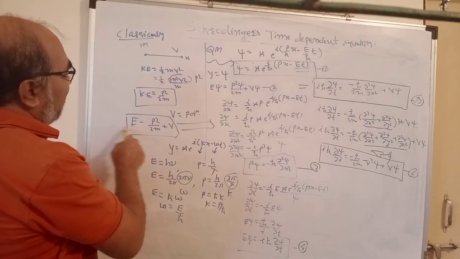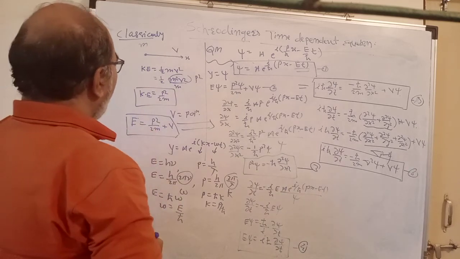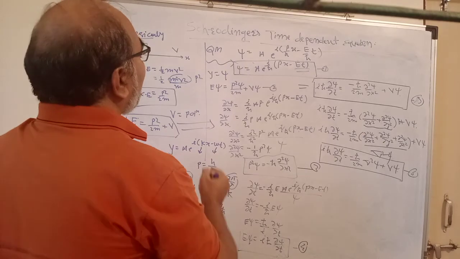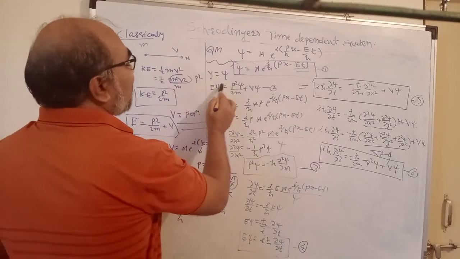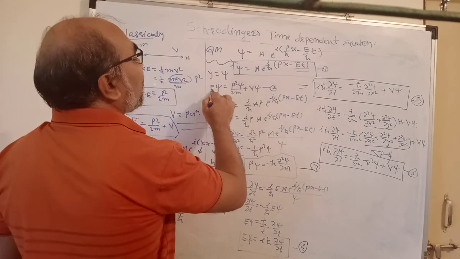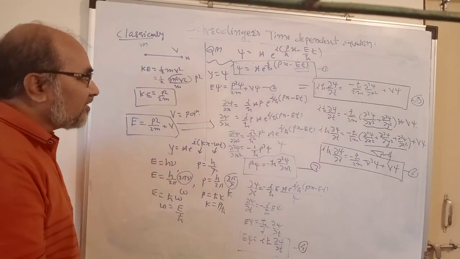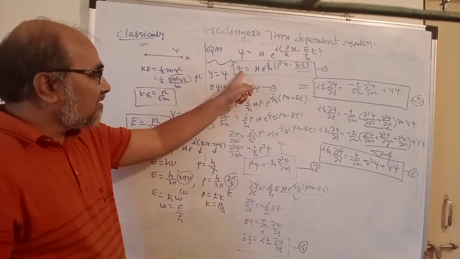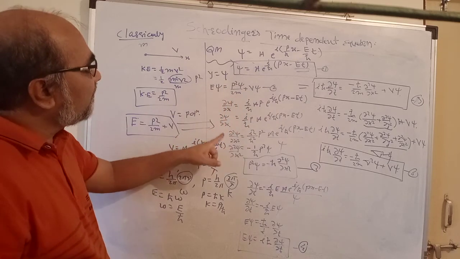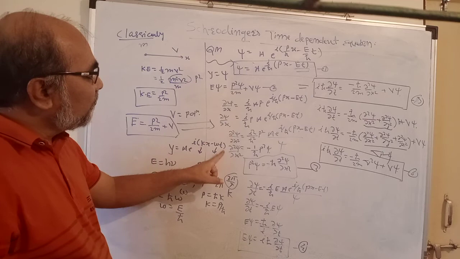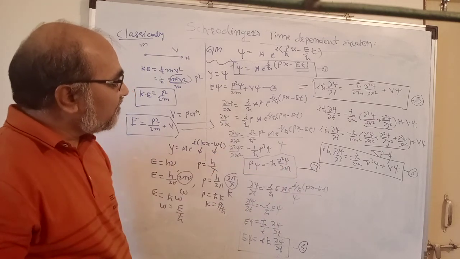This energy equation is E is equal to p²/2m plus V. So multiply by ψ, then it becomes quantum mechanical. We don't know Eψ and p²ψ. Find out these values of p²ψ and Eψ from this wave equation by differentiating ψ, equation 1, with respect to x, again with respect to x a second time, and we solve it to get p²ψ is equal to minus ħ² ∂²ψ/∂x².